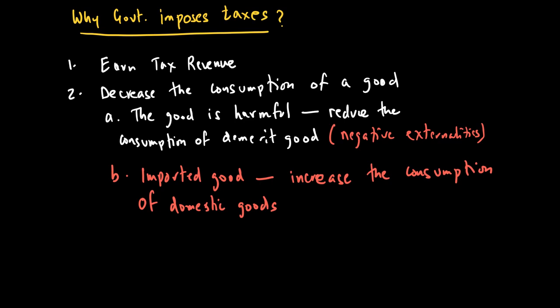So two key reasons why the government may want to impose taxes. One is to earn revenue, two is to discourage the demand of certain goods, be it imported goods or harmful goods like demerit goods and so on.